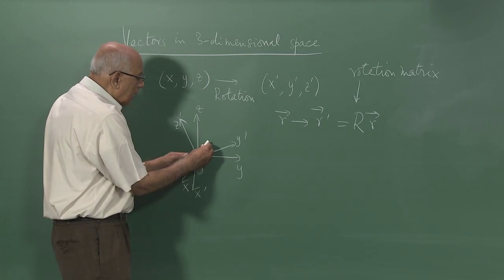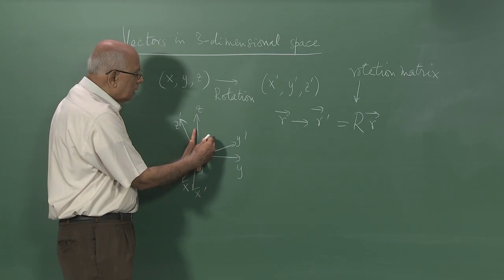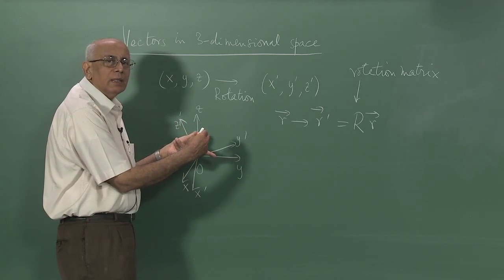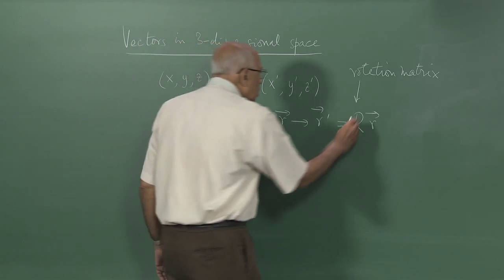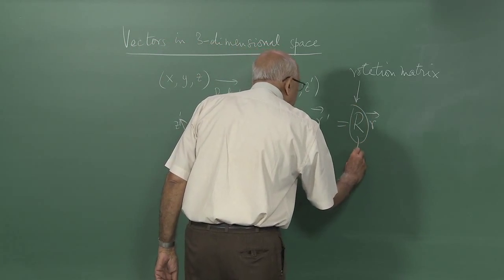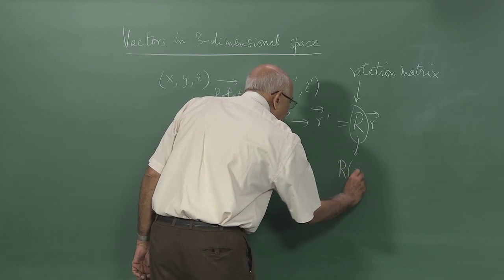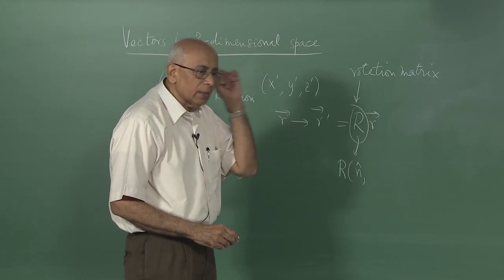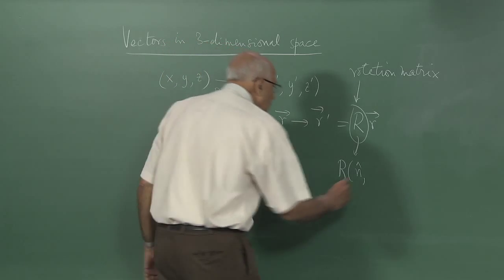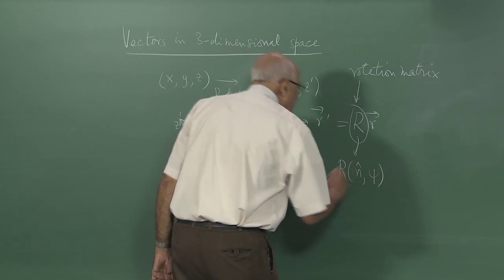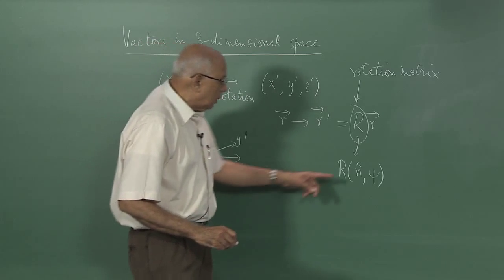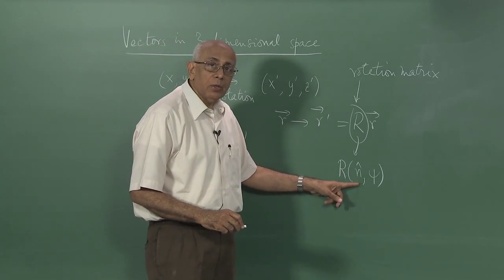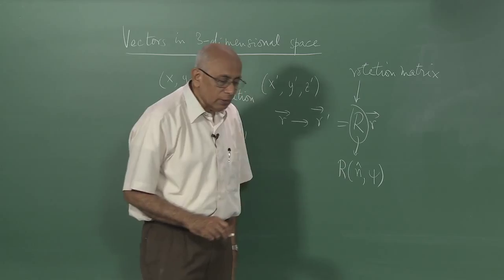Because to specify the new coordinates or the rotation, I rotate about some direction in space through a certain angle. So really speaking, for this rotation matrix in general, you need to specify an axis of rotation, a unit vector which tells you the direction of the axis, and you need an angle psi through which you rotate. So you have 2 parameters here to tell you what the components of this unit vector are.